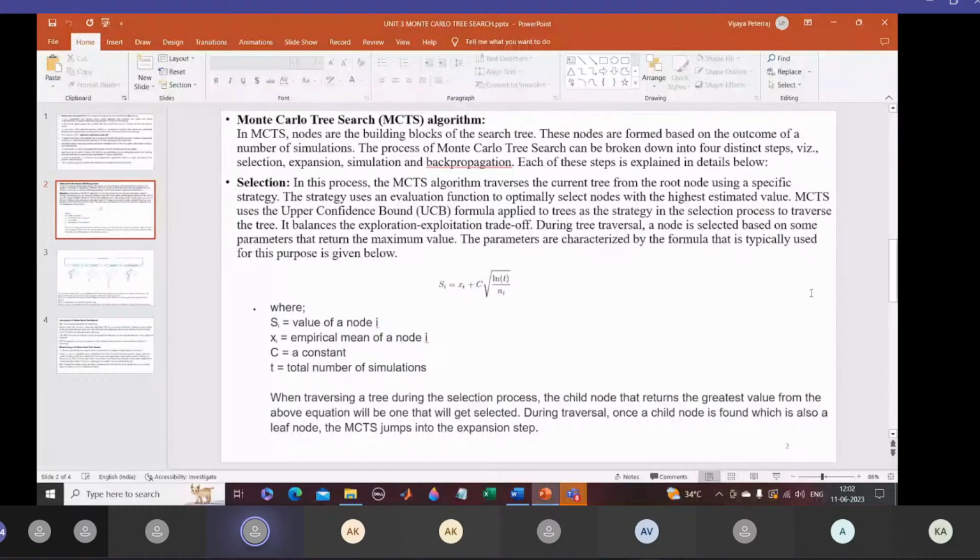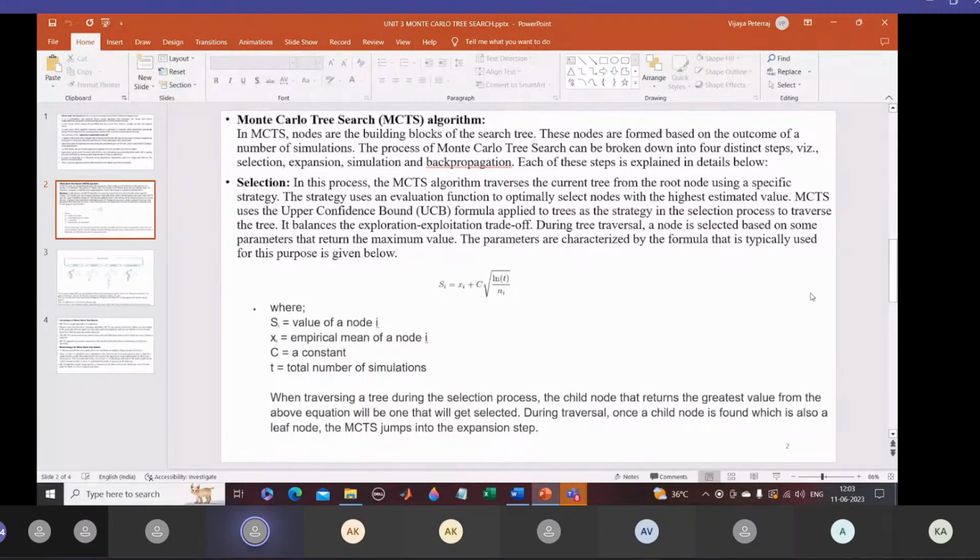So what is selection? Here the algorithm will traverse the current tree from the root node, based on some strategies and conditions. The strategy is to use an evaluation function to select the optimal node, the one with the highest value. For this it uses the upper confidence bound, UCB.